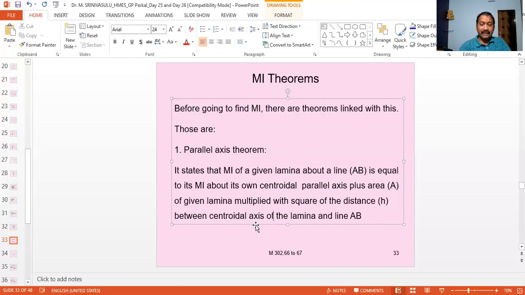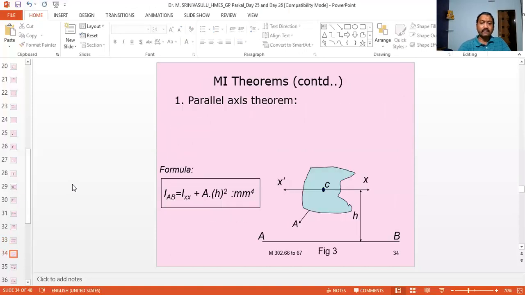So here I_AB is equal to I_XX plus A into H square.